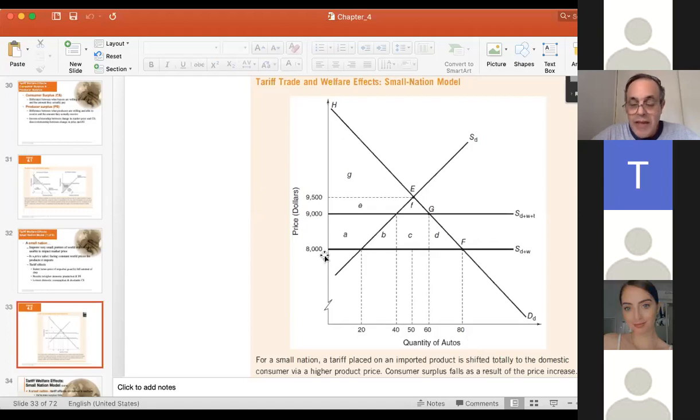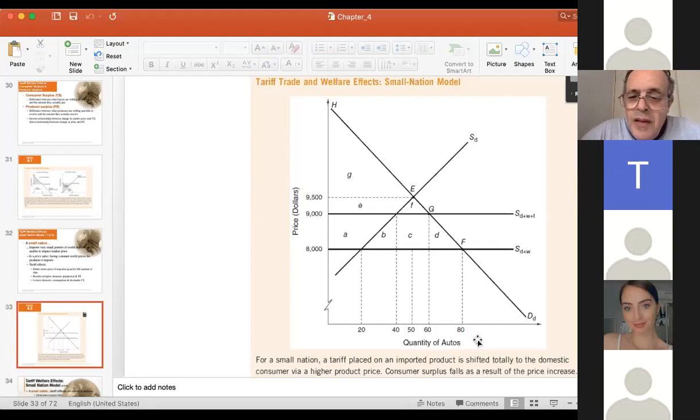At 8,000, the country will consume 80 autos, and at 8,000, the country will produce 20 autos. Therefore, at this price, you have excess demand, which means the country will import how many automobiles? 60. Very good, 60, which is 80 minus 20. That's exactly the amount of imports.